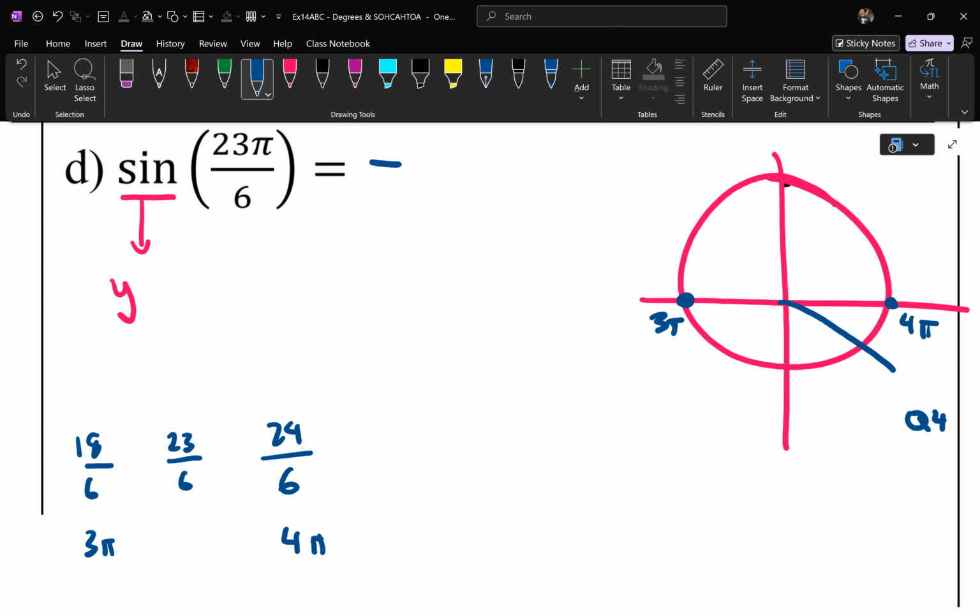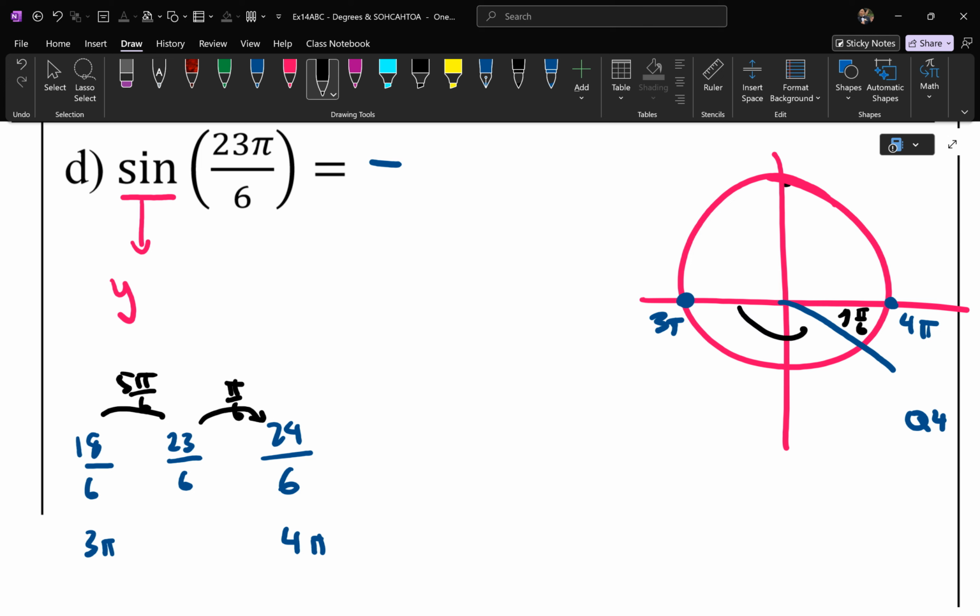If I draw it out, we knew that you only needed an extra pi on 6, because that's all you're missing. You're just missing an extra pi on 6 to make 4 pi. That means the rest here is left over, which is 5 pi on 6.